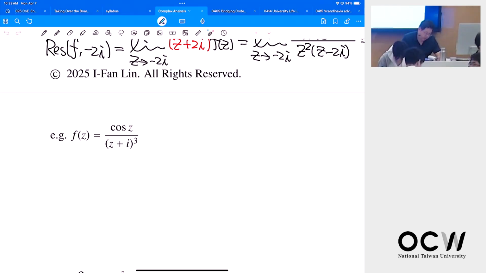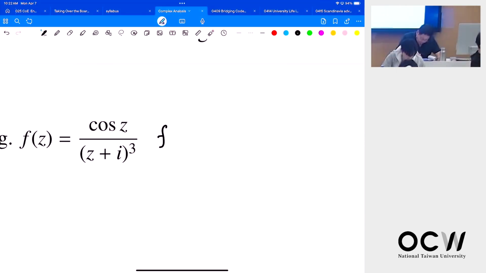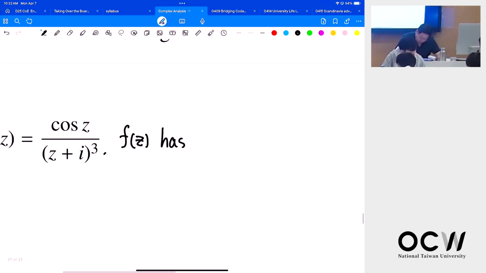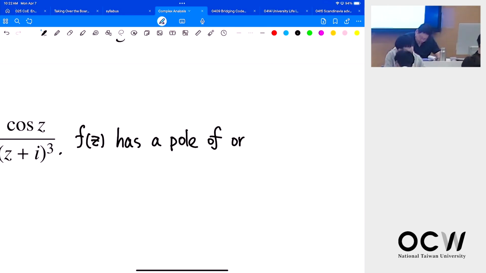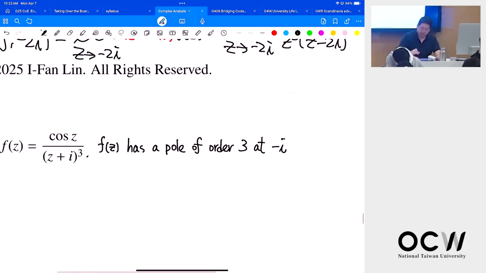This has a pole of order 3. Pole of order 3, where? We always need to tell people that it is at minus i. Otherwise, it is not a pole of order 3.